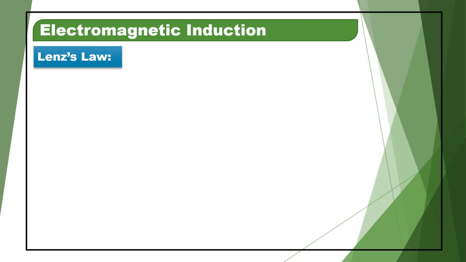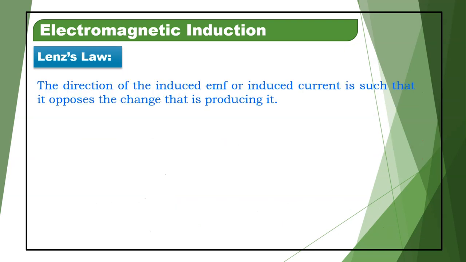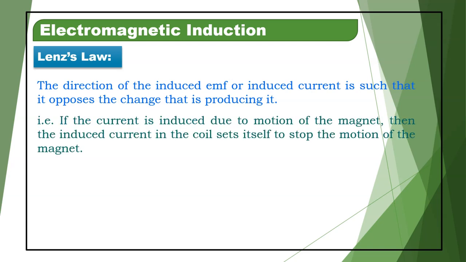Moving ahead, Lenz's law. The direction of the induced EMF or induced current is such that it opposes the change that is producing it. That means if the current is induced due to the motion of a magnet, then the induced current in the coil sets itself to stop the motion of the magnet.